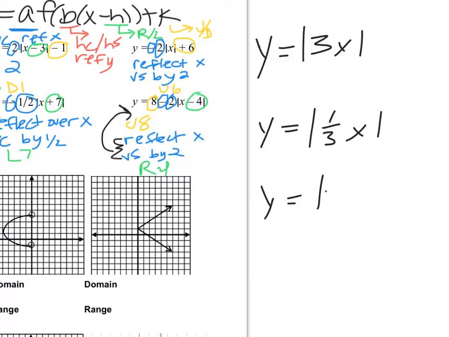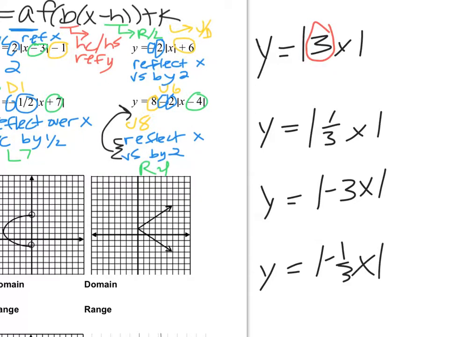Y equals negative 3x. And y equals negative 1/3 x. Okay, so when I have my coefficient inside, it does the opposite of what it would do vertically. So instead of vertical, it's going to be horizontal, and instead of 3 being a stretch, it's going to be a compression by 3.